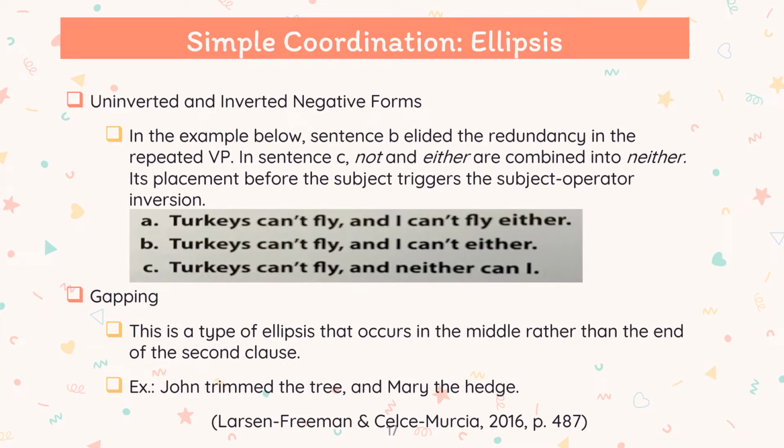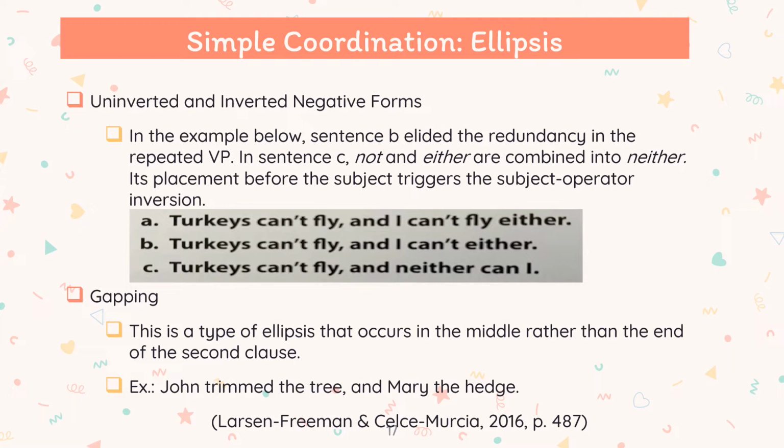So it took away the fly, and then it added that word, either. In sentence C, not and either are combined into the word neither. Its placement before the subject, so putting it here, triggers that subject operator inversion, and so it's can I instead of I can.